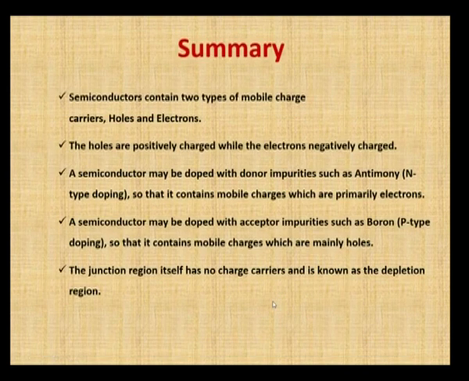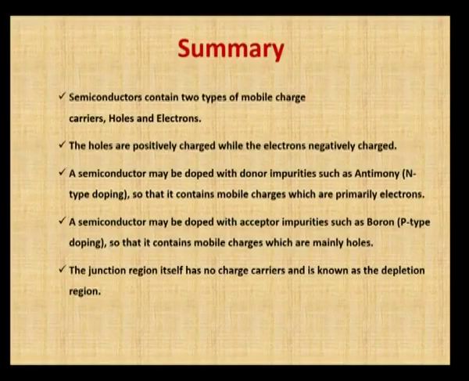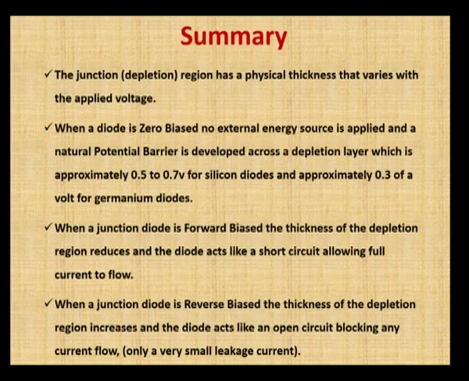Next is a summary. What we came across in this session is the semiconductor definition, the two types of semiconductor, the majority charge carriers in the N type, and the majority charge carriers in the P type. About the doping agents we came across for P type and N type, and also we came across the depletion layer: because of the forward bias, reverse bias and zero bias, what happens to the thickness of the depletion layer.